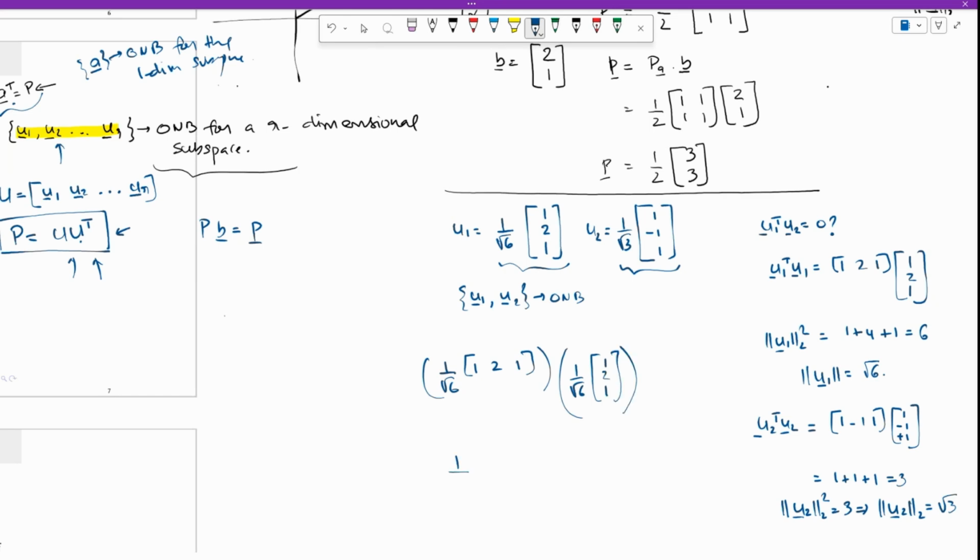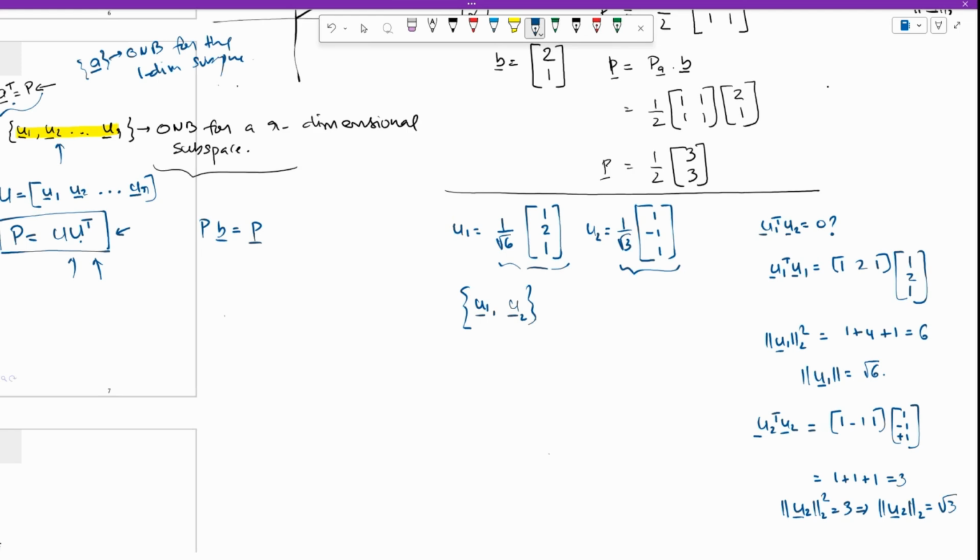The scalars will come out. You're left with 1 2 1, 1 2 1. We've already computed this. That's 6. So 6 by 6 is 1. So they do have length 1. So the original vectors did not form an orthonormal basis, but these two vectors form an orthonormal basis.